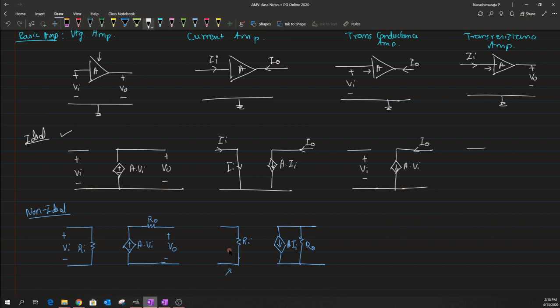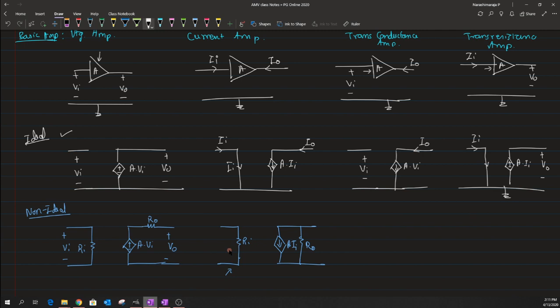So I can draw all the current by passing it through a short circuit. So we have this Ii, and we need what is known as a current controlled voltage source here, which depends on the current flowing through the input port, and this in turn provides us an output voltage V naught.